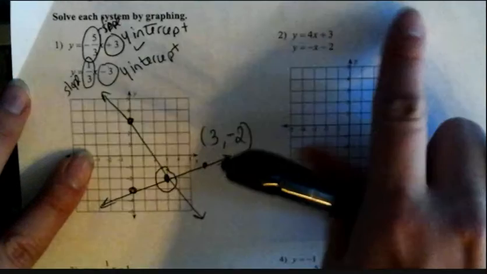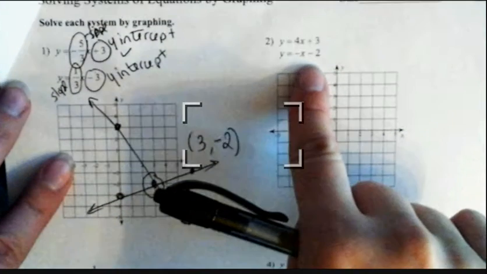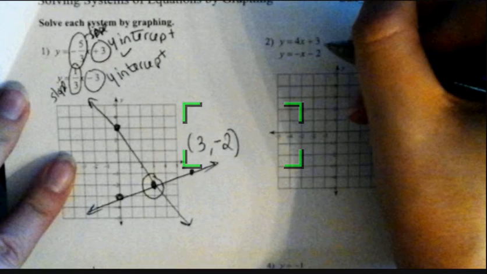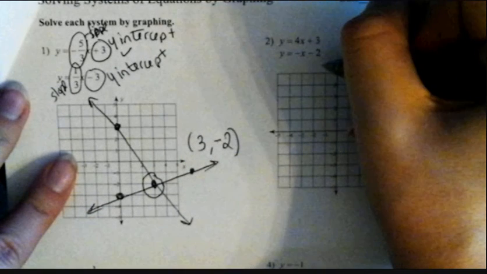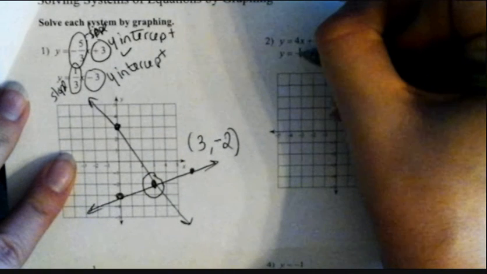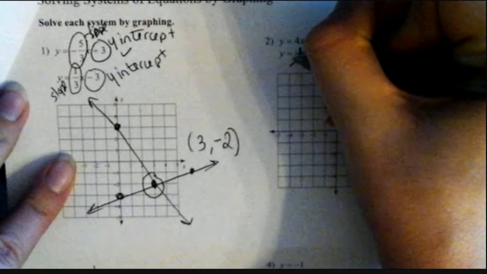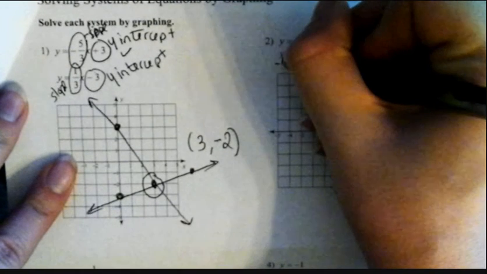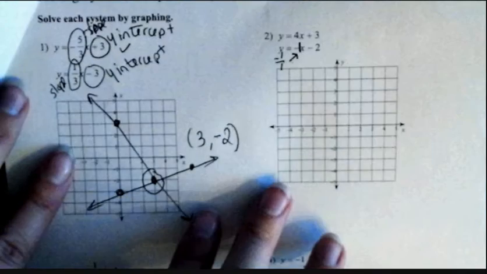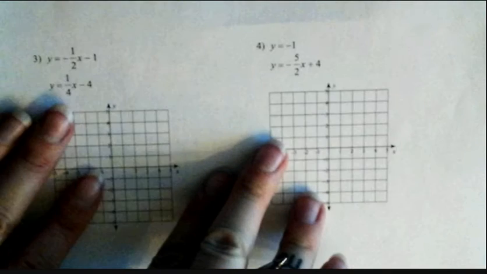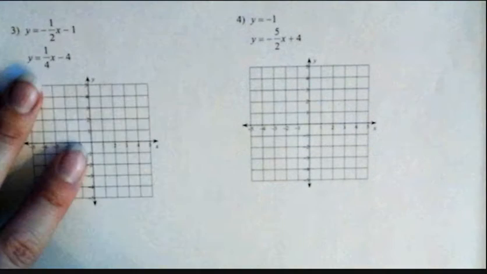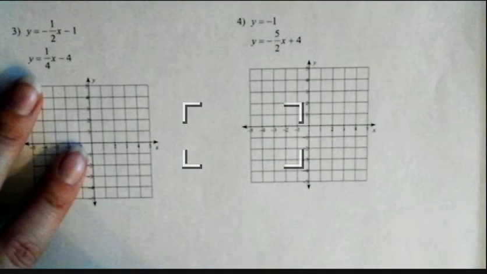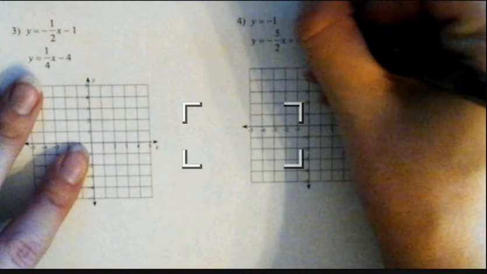Okay, number 2 is the same thing. Just remember, if it says y equals negative x minus 2, there's actually a 1 here. So this line has a slope of negative 1 over 1. Now moving down to number 4, this one is a little bit trickier because it just says y equals negative 1.